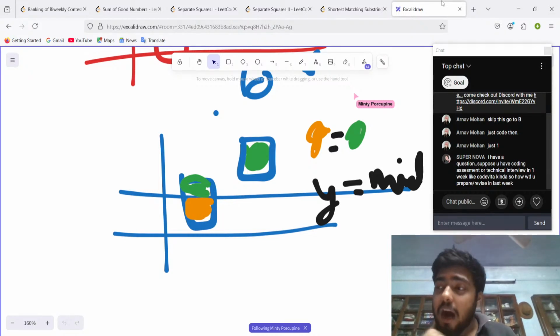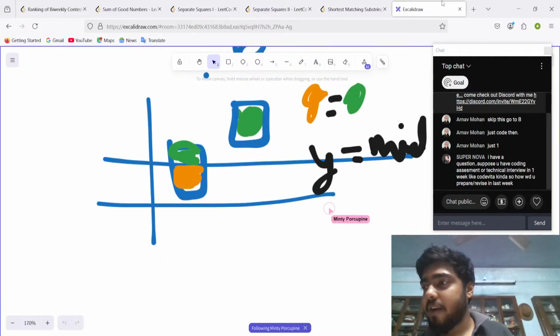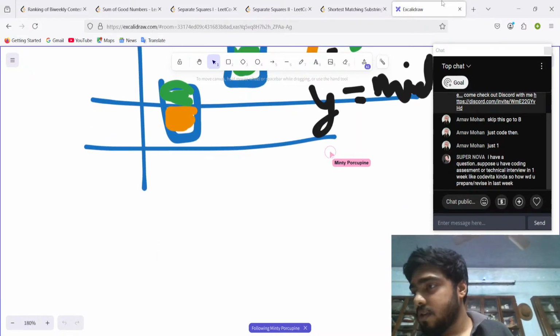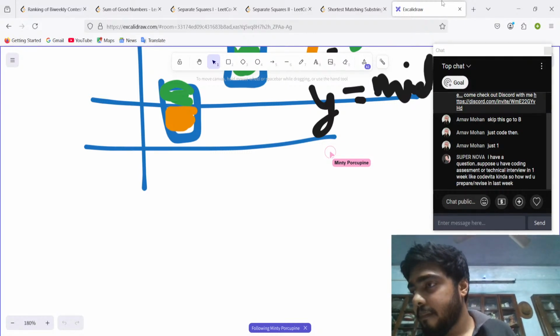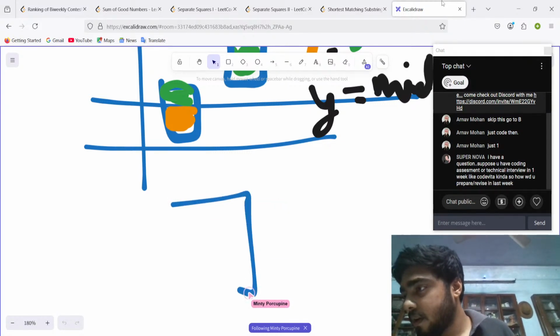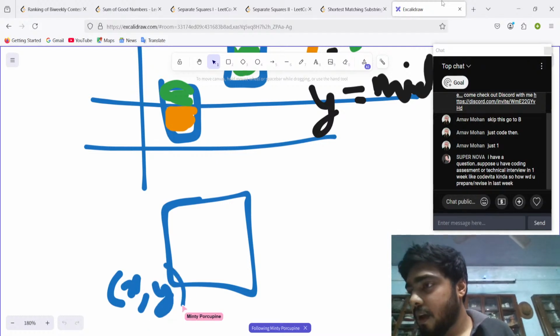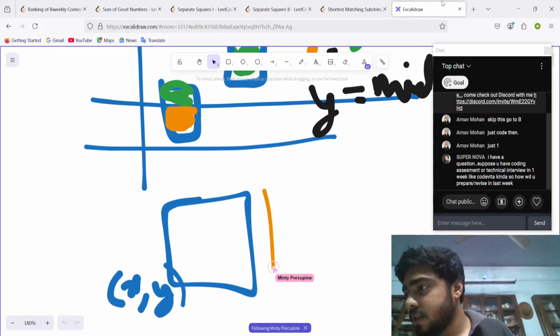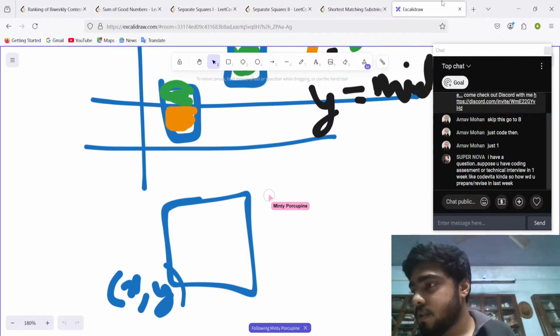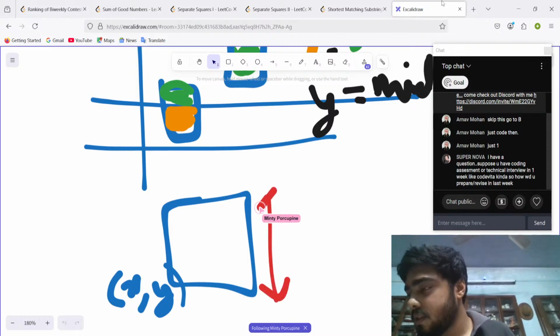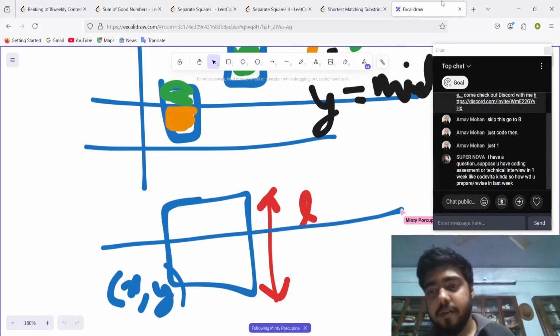How we are going to do that, right? It's very simple mathematics. Let's say you're having a square, and this is going to be x comma y, and this is L, and the axis goes like this, right?